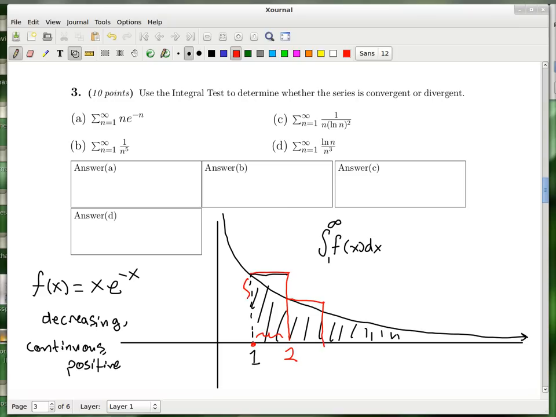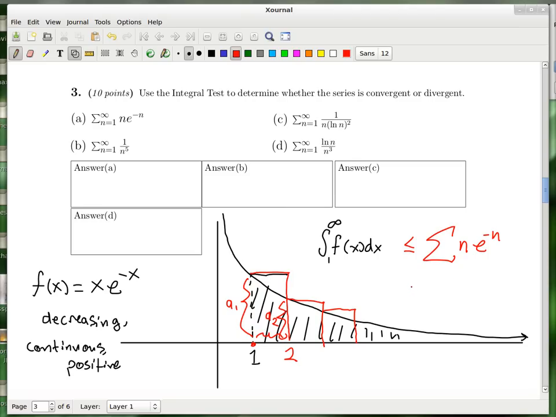Okay, so what is the height here? The height here is what happens when you plug in 1, a1. The height here is a2. So what this picture shows is that whatever this improper integral is, it's going to be less than the sum of the series.